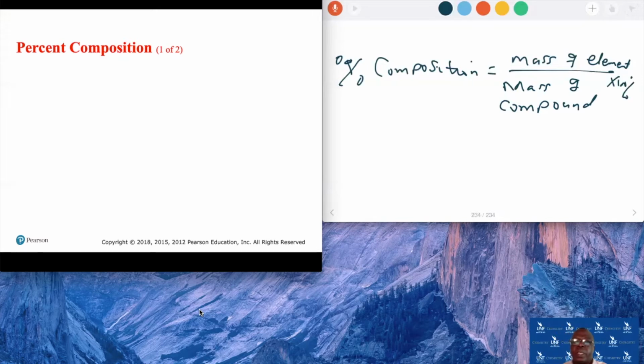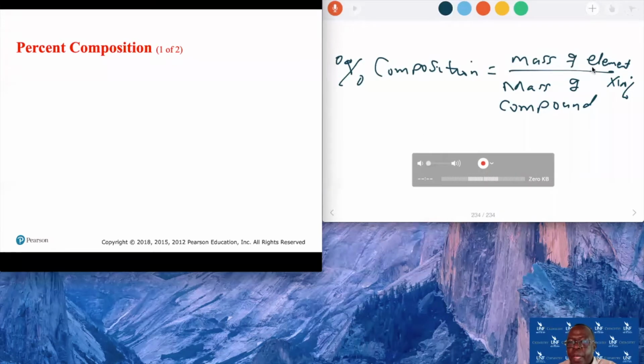It depends on how many atoms of that element you are dealing with, over the total mass or the molar mass of the compound.